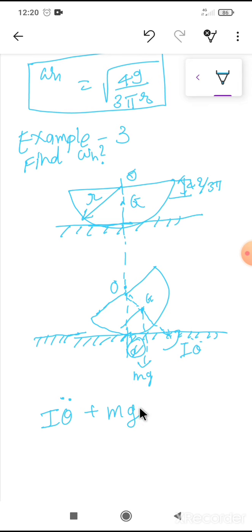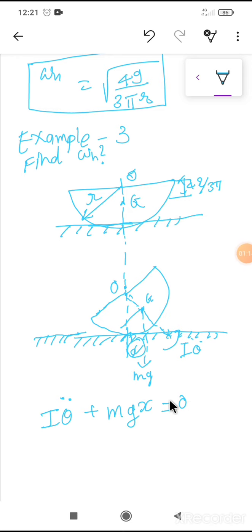So here the distance will be mgx, so that is I theta double dot plus mgx is equal to 0. This time the forces are acting from the downward direction, and not as in the case of the pendulum or in the last example.